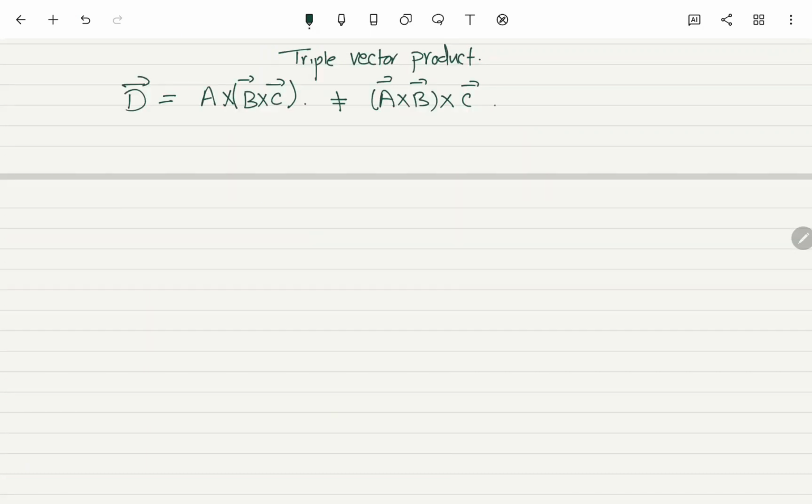Now, to find this one, we have to find B cross C first, then the result makes a cross product with A. Now, for B cross C, equal to the determinant of I, J, K, Bx, By, Bz, and Cx, Cy, Cz.